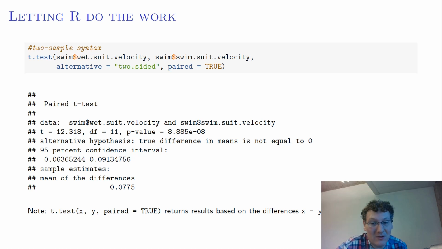So here you would say there's very strong evidence from the data to conclude that the average change in swim velocity is not 0, which is to say that there is a significant difference in average swim velocity for these two types of swim sets or swimming outfits.